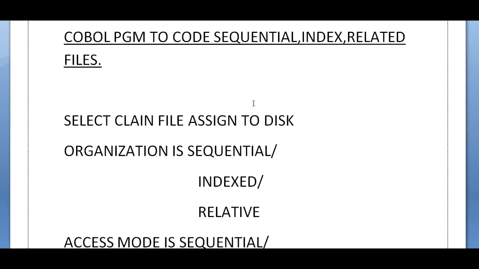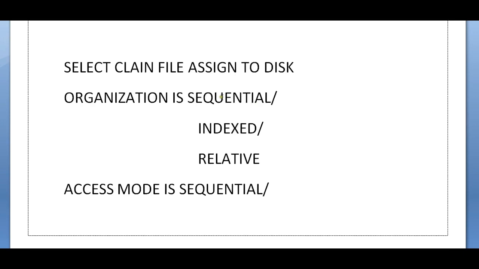Now let's see how to code a COBOL program for sequential, indexed and relative files. We all know that there is the environment division, the working storage section, and the FD, and in the input-output section you need to code this. What I'm doing is having a claim file assigned to disk, where for the organization, if you are using a sequential file, you need to use organization sequential.